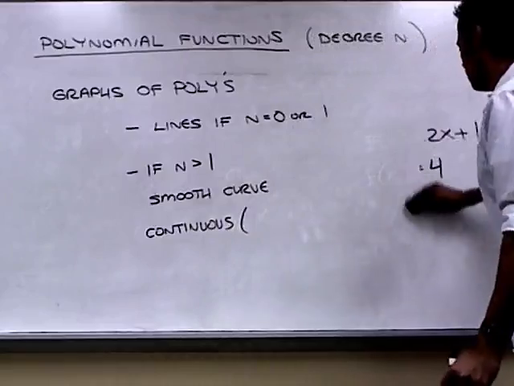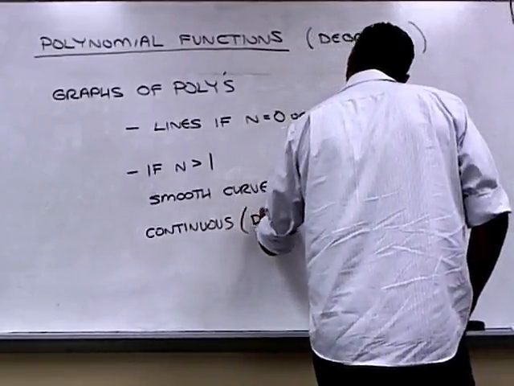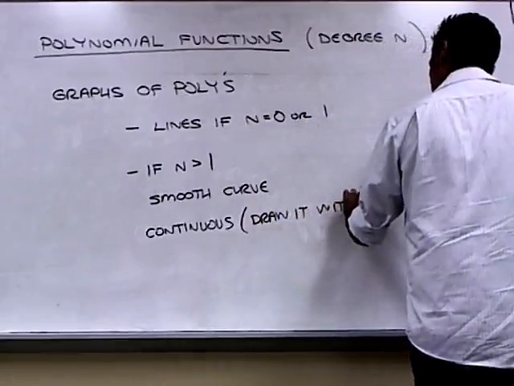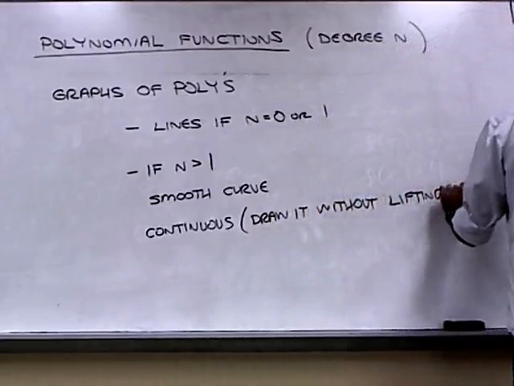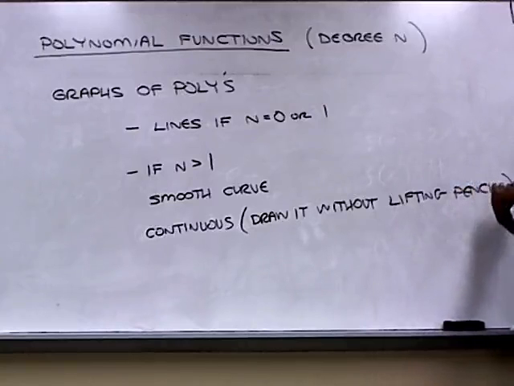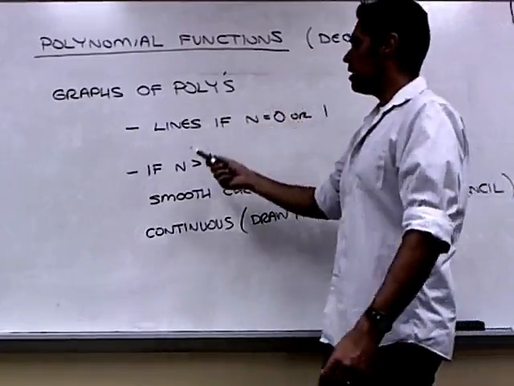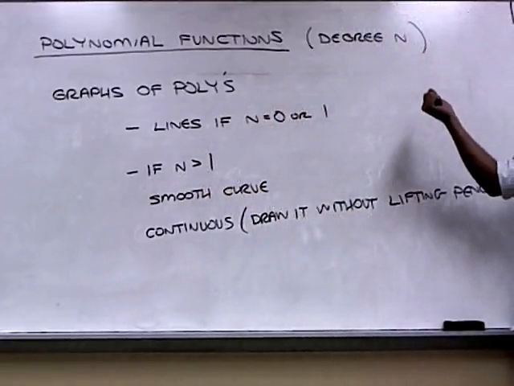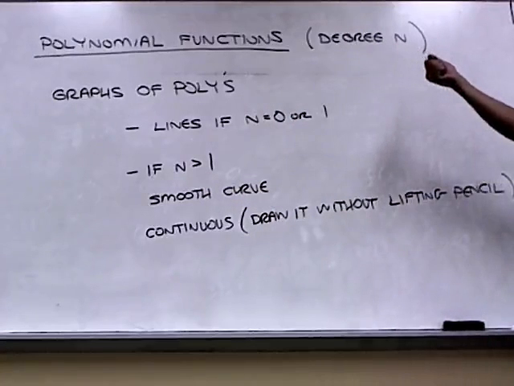What do I mean by continuous? Well, you can draw it without lifting your pencil. It won't have any jumps in it, won't have any gaps in it, won't have any breaks in it. Any polynomial that has a degree greater than 1, it's going to be smooth, and it's going to be curved, and you can draw the whole thing without picking up your pencil.